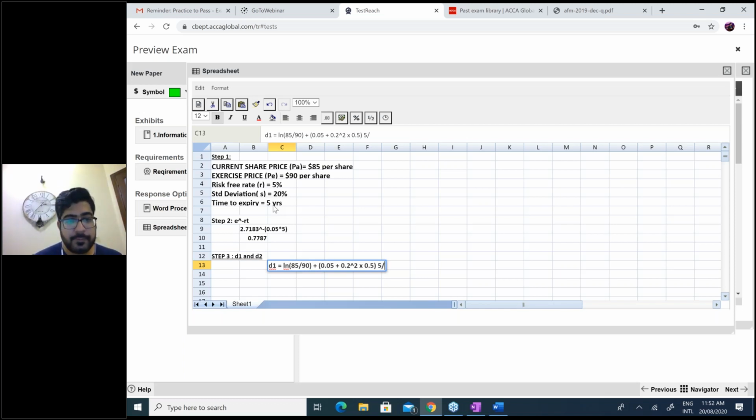Divided by S root T. So what is S? 0.2 root.